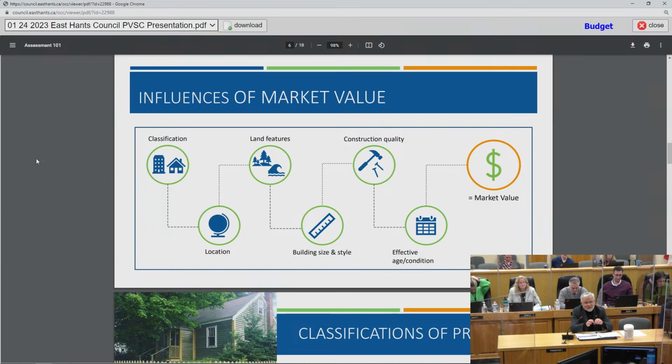So one sale may not be considered, although it may be considered a market value sale. Someone may pay more than what someone else may pay. We're working with means and medians. Some may be outliers, some may be lower, some may be higher.